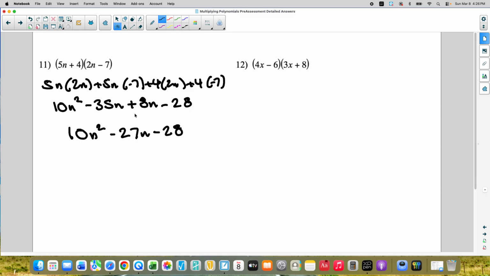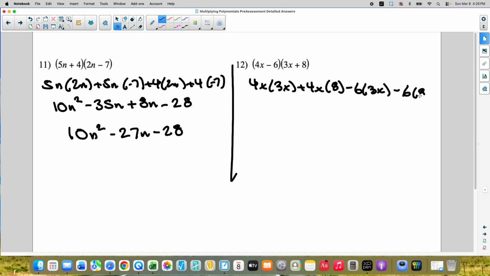Yep, that's good. We have 4x times 3x plus 4x times 8 minus 6 times 3x minus 6 times 8. Very important to have all these addition and subtraction signs in here. We have 3 terms that we create because we're distributing 3 times.